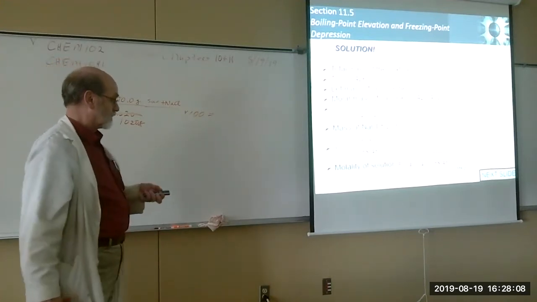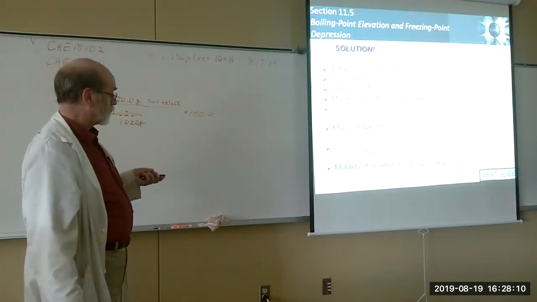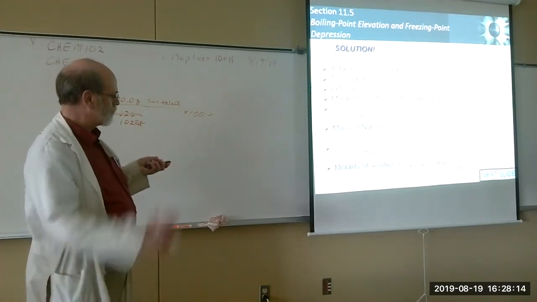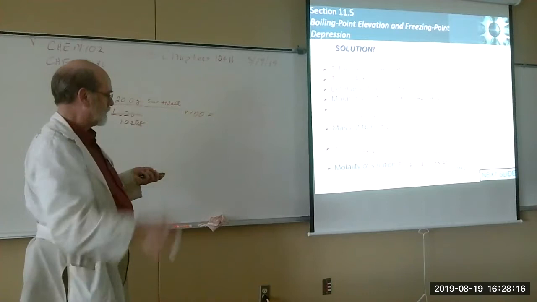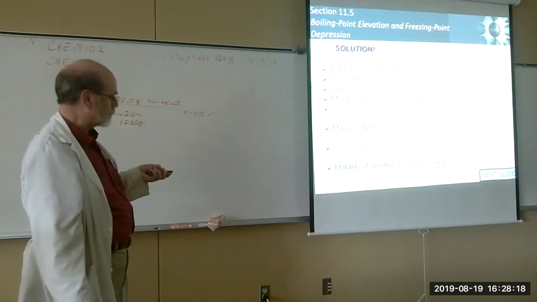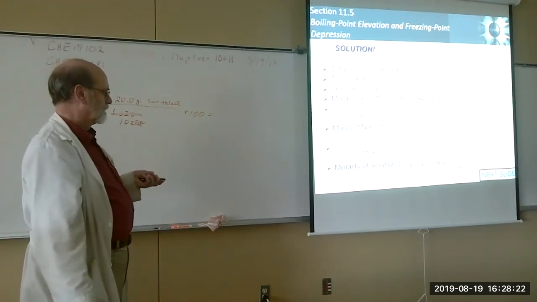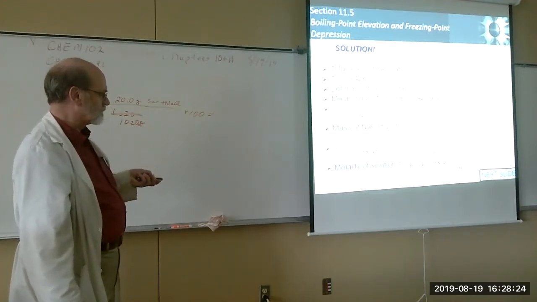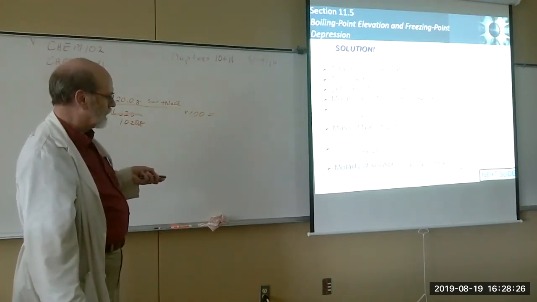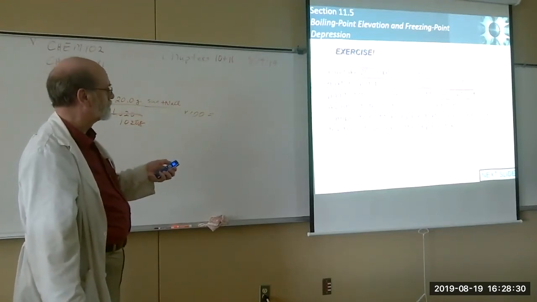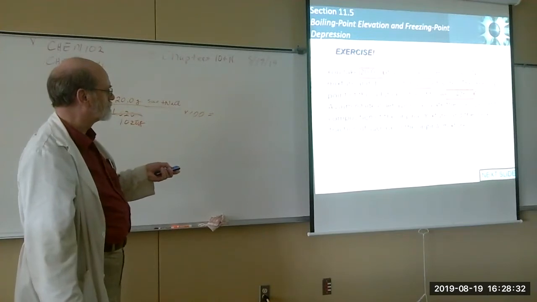So we got some algebra to do here. So the moles of sodium chloride then is 20 minus the mass of sucrose, divided by its molar mass. So then the molality of the solution is moles over 1 kilogram of solvent, right?